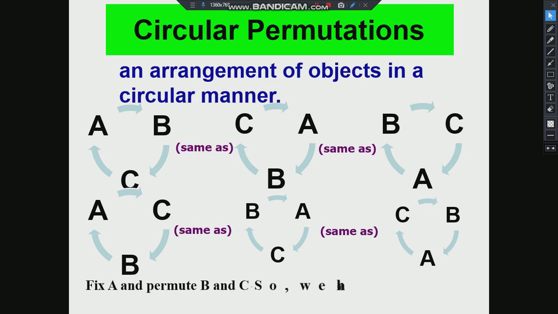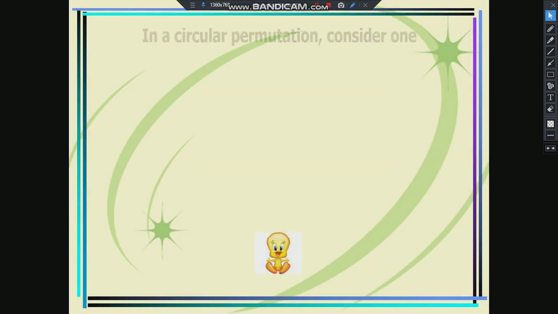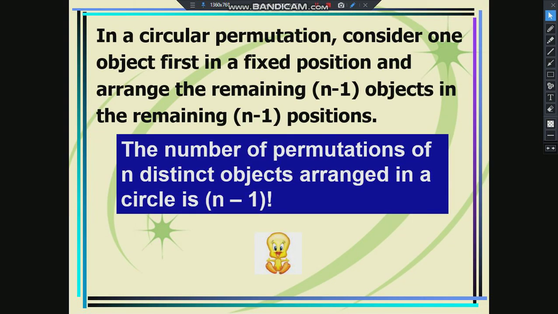Since it is a circular arrangement, fix A and permute or arrange B and C, so we have only 2 arrangements. The definition of a circular permutation is: consider one object first in a fixed position and arrange the remaining n-1 objects in the remaining n-1 positions. Therefore, the number of permutations of n distinct objects arranged in a circle is quantity n-1 factorial.